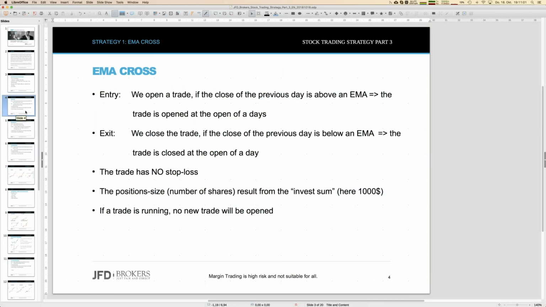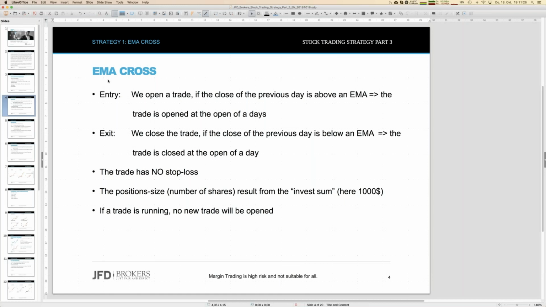So let me go quickly through our base strategies. EMA cross is really simple. All we do is we look at the close of a day compared to the EMA with a certain period. And if we are above, we go long or we keep our trade running.